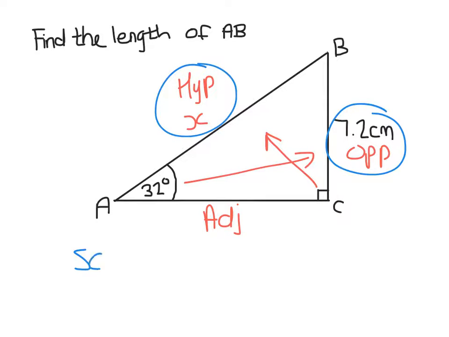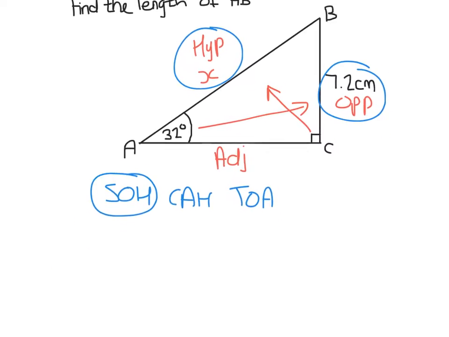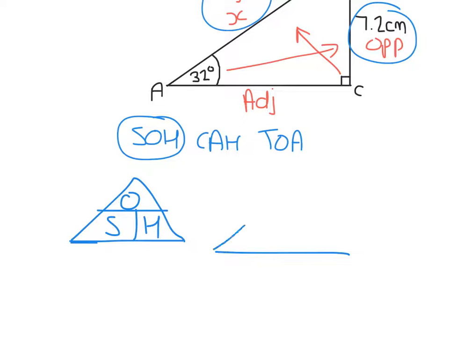So when I write out SOHCAHTOA, I know opposite and hypotenuse are with the sine function. So I'll draw out my little triangle and then substitute the values in.